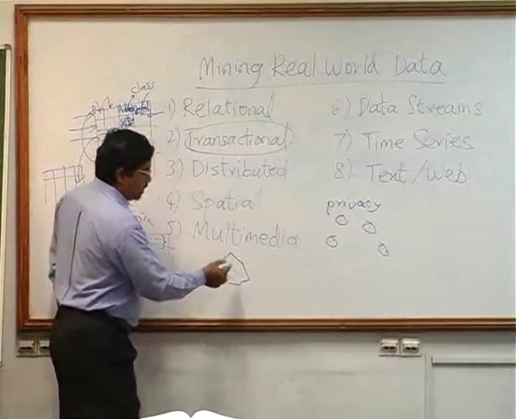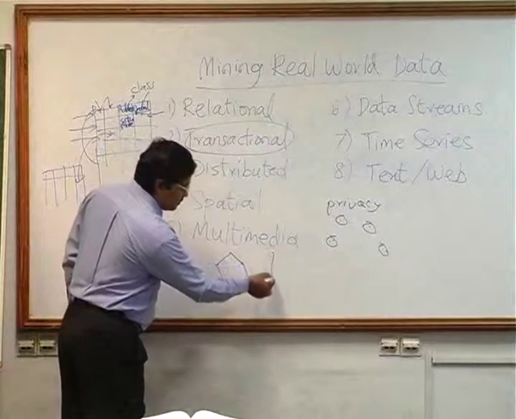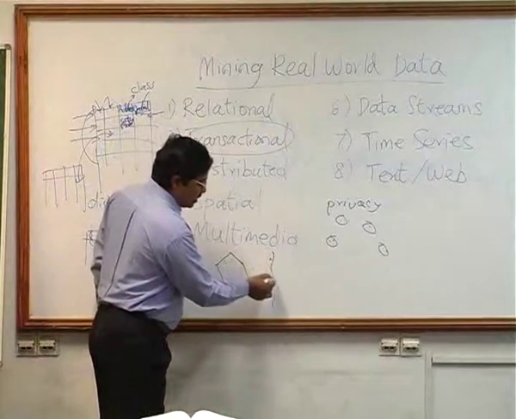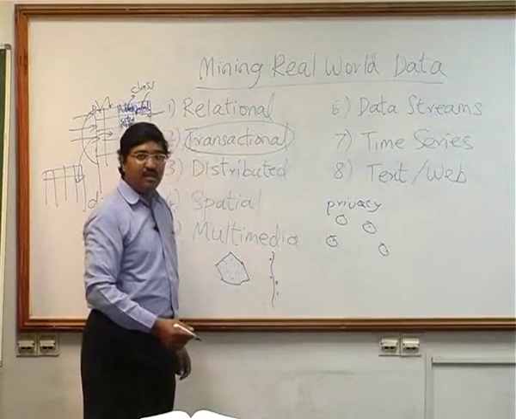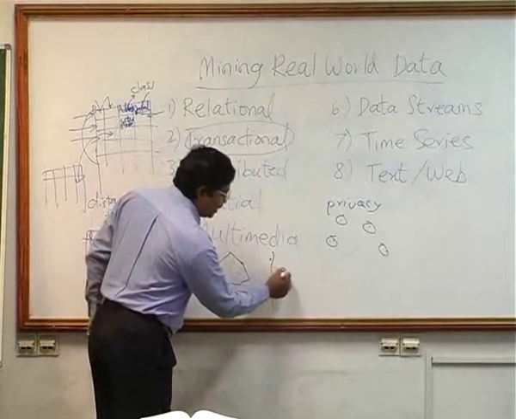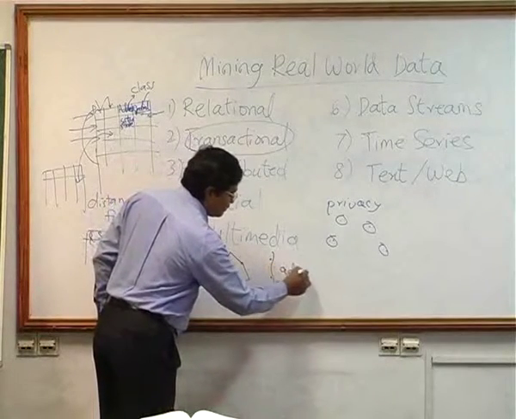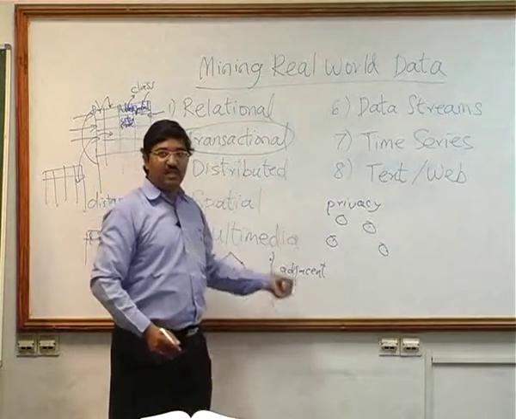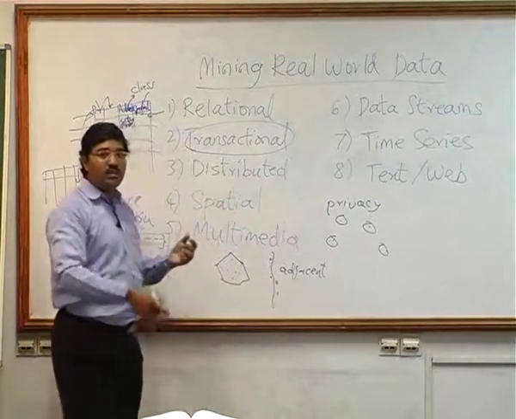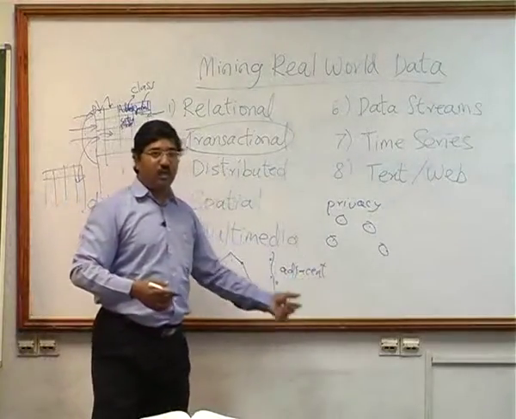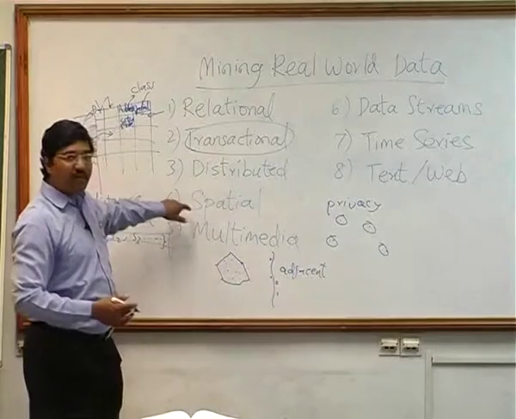Or suppose there's a river, and you want to say something about all the cities on the bank of that river. So you need an attribute here called, let's say, adjacent. You want to find all the cities adjacent to the river and mine rules from them. These are different kinds of spatial operations, and these are the kinds of issues that come up in spatial data sets.